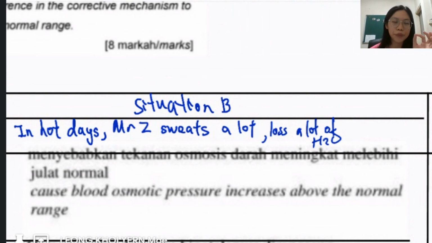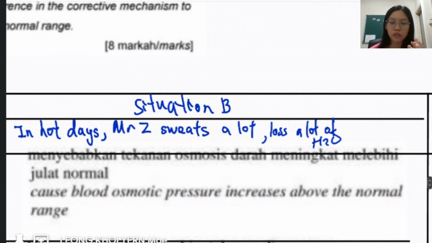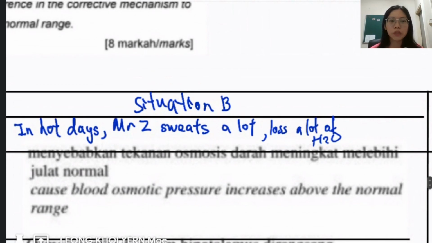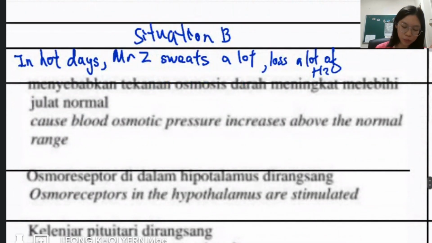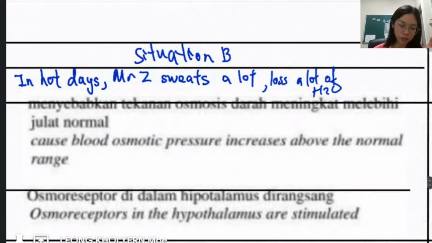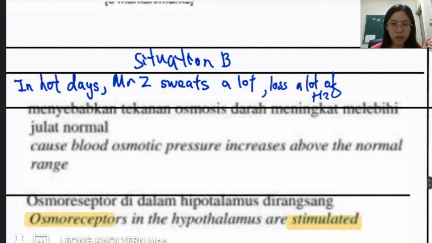So the receptor will be stimulated, and then it will pass the information to your pituitary gland. What is the receptor called? It's called the osmoreceptor. I know there are nociceptors, osmoreceptors, actually a lot. This one is talking about osmotic pressure, so this receptor specifically is the osmoreceptor. Osmoreceptors in the hypothalamus are stimulated.